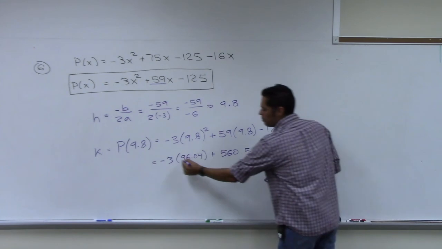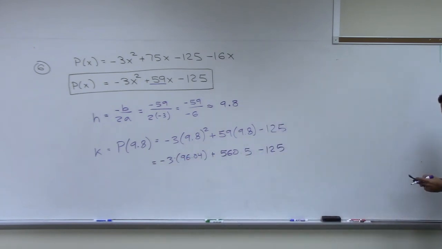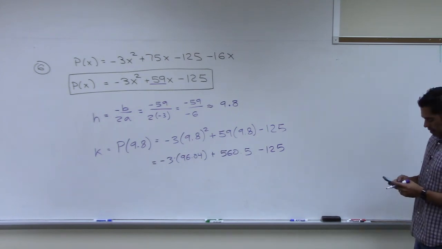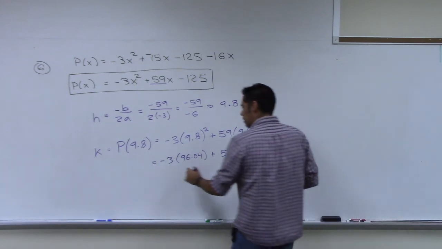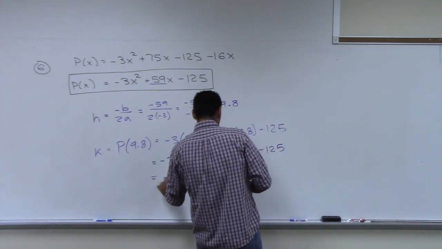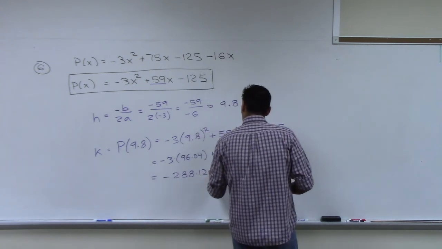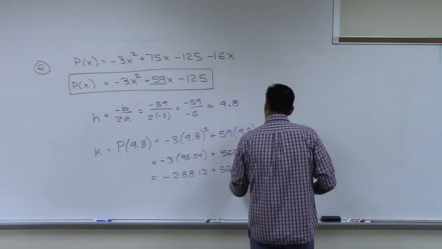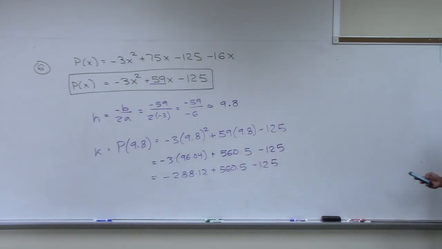I still have to multiply these two. So -3 times 96.04. So this gives me -288.12 plus 560.5 minus 125. I'm ready to put all those together.